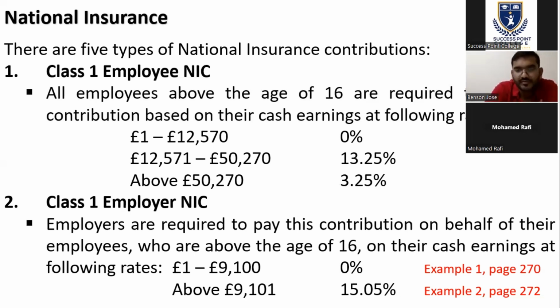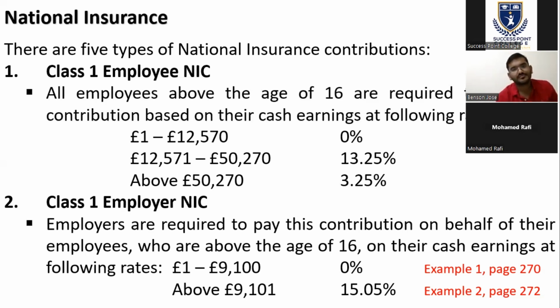Let's suppose 60,000 was the earning of the employee, and we have calculated class 1 employee NIC. The employer will also pay class 1 employer NIC. Although it is paid by the employer, it is paid other than the salary.